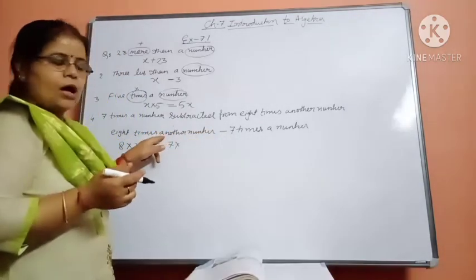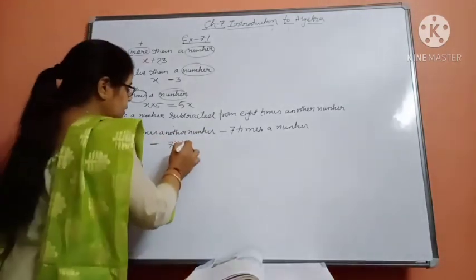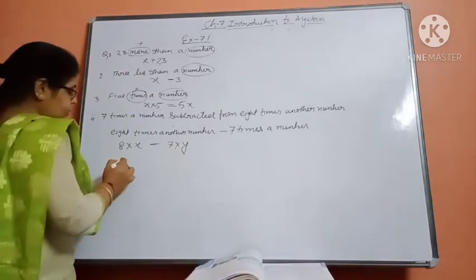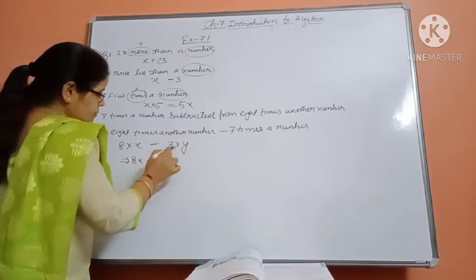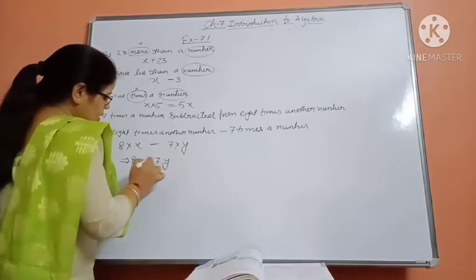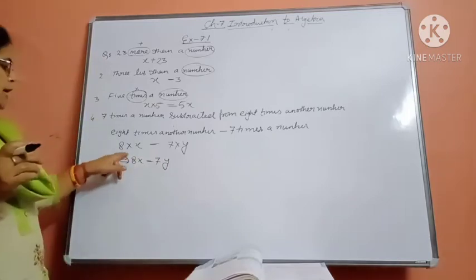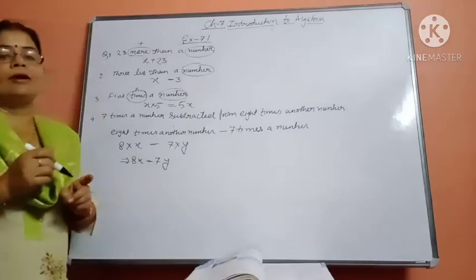Now another variable I can take is y. We can take many more variables. So what will be your answer? 8 into x means 8x, minus 7 into y means 7y. When the variables and constants are written in this form, there is a multiplication sign in between them.